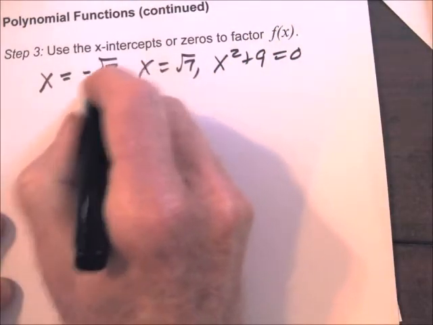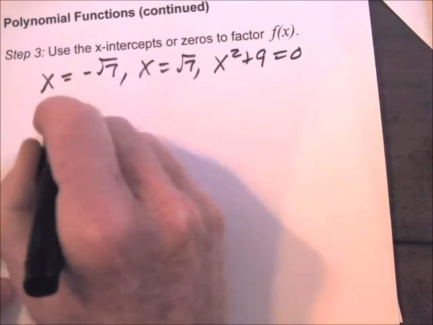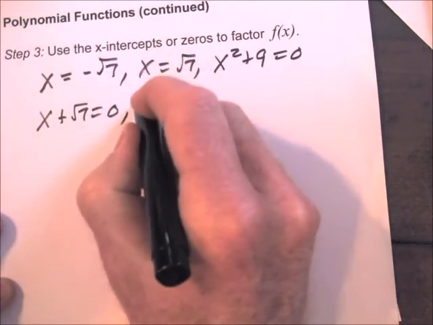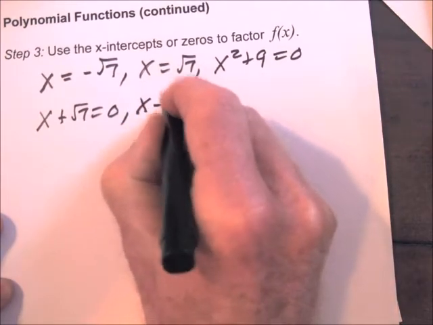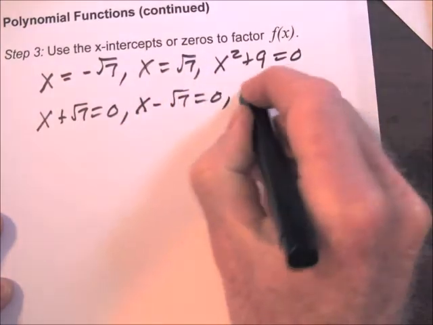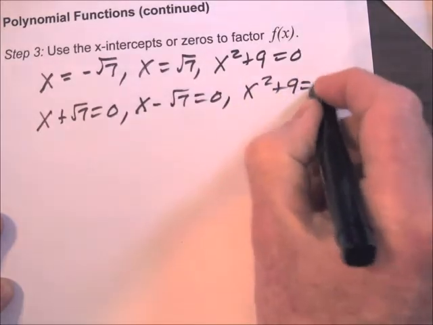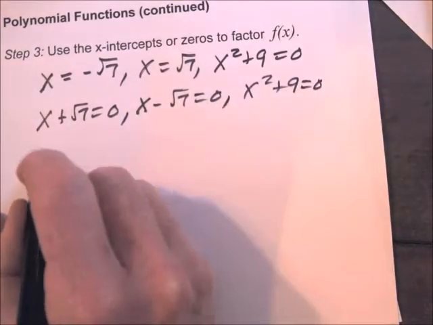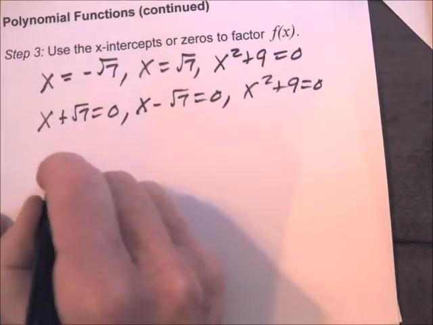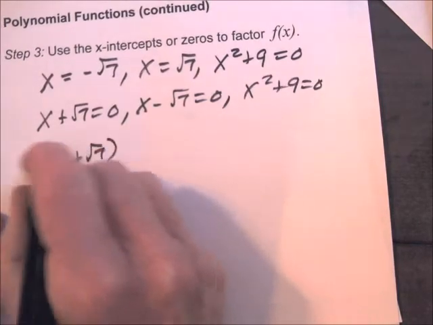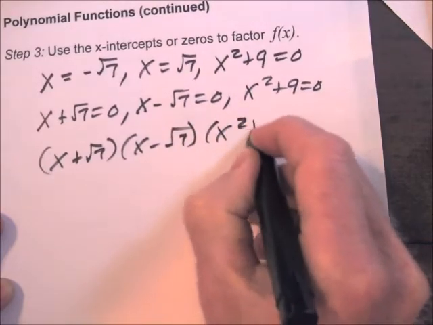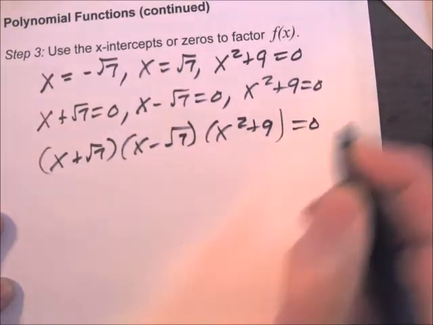If we add root 7 to both sides here, we get x plus root 7 equals 0. Subtract root 7 from both sides, we have x minus root 7 equals 0. Then x squared plus 9 equals 0. The zero product rule says the product is equal to 0, so x plus root 7 times the quantity x minus root 7 times the quantity x squared plus 9 equals 0.